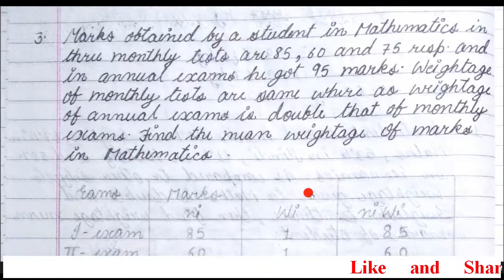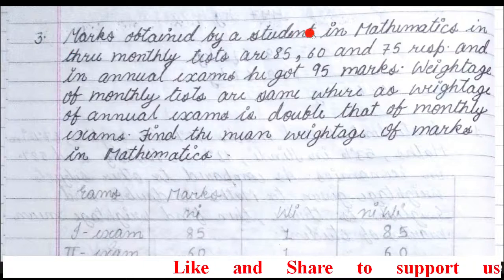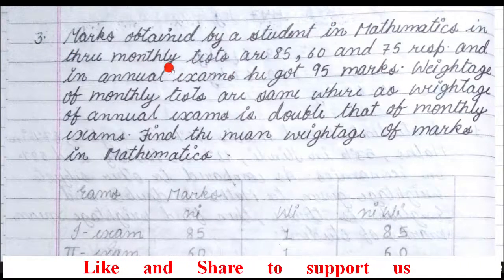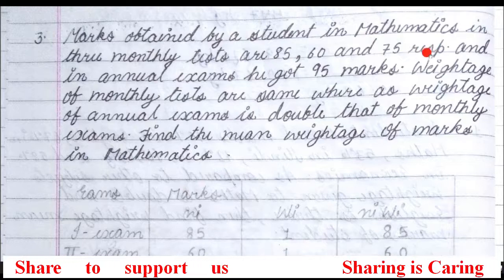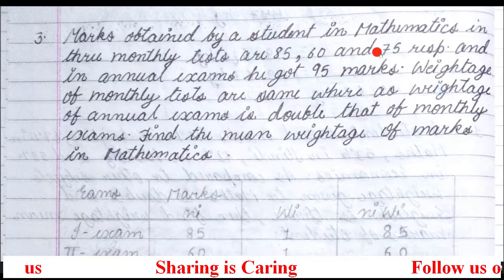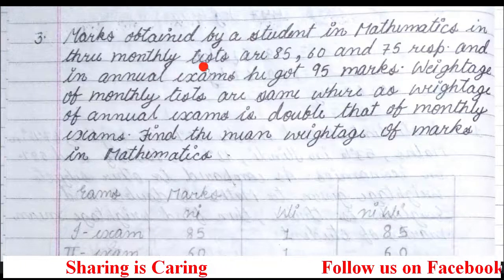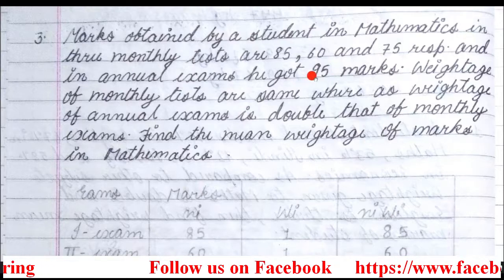So here question 3 is: marks obtained by a student in mathematics in 3 monthly tests are 85, 60 and 75 respectively. So these are the marks obtained by the student in 3 tests, and in the annual exam he got 95 marks. So we have 4 exams here.